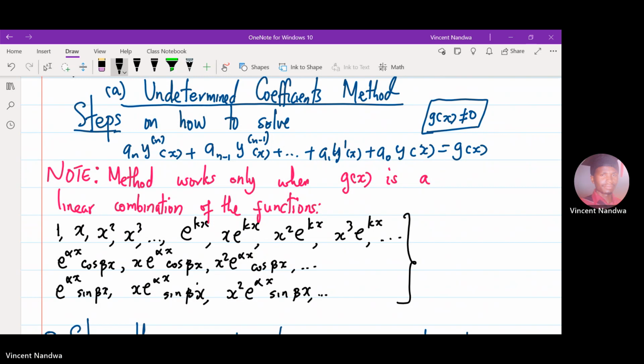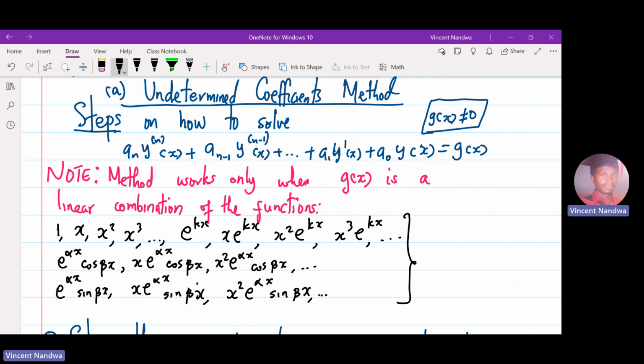Yeah. So it is a possibility that g of x can take that, but if that's the case, then the undetermined coefficient method will not apply. Remember, this method only applies to exponents.